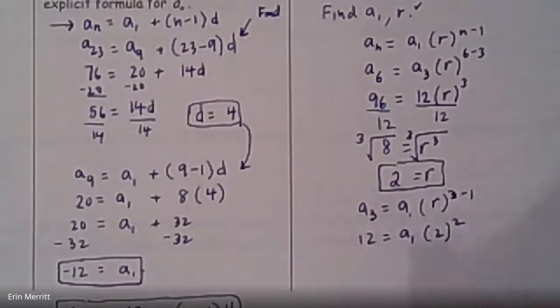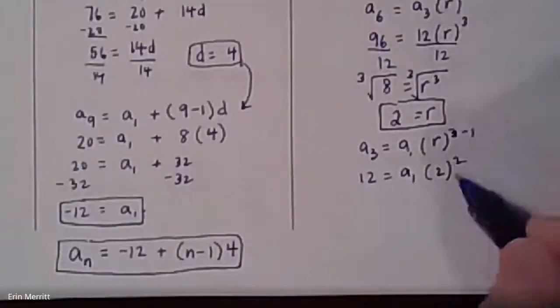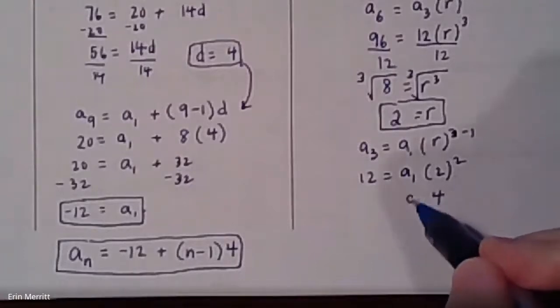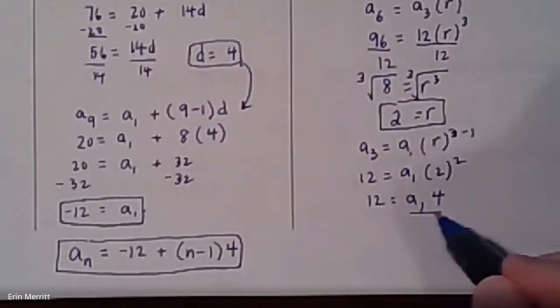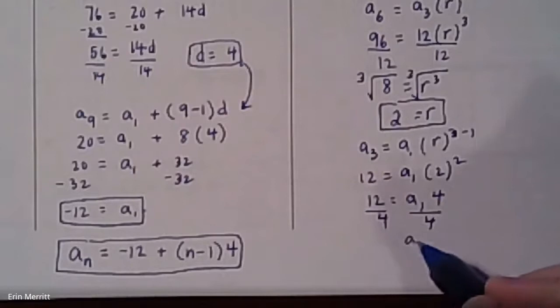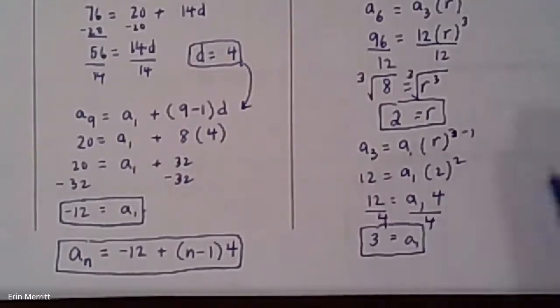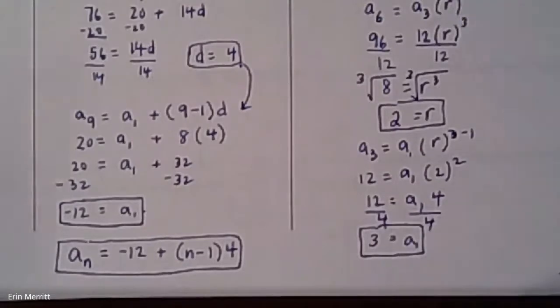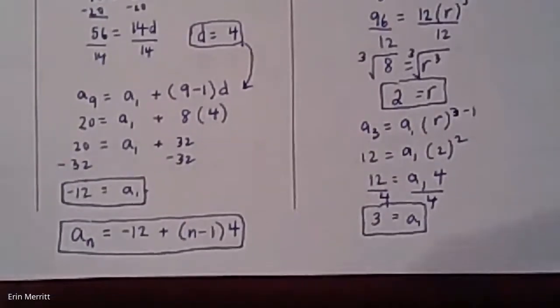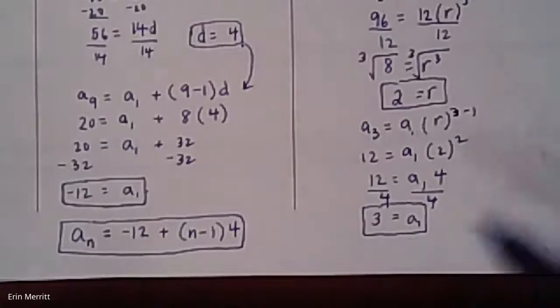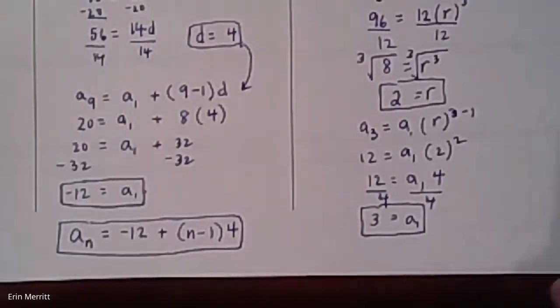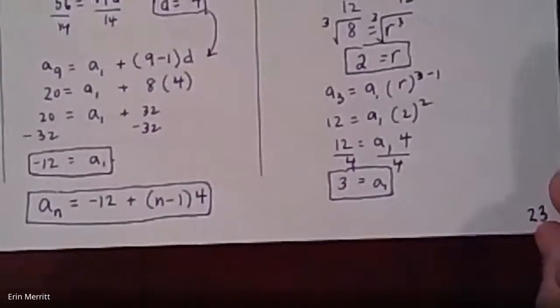That's now 2. We can quickly solve that. 2 squared would just be 4. And divide 4 out. The first term is 3. Now, to be honest with you, since we had the 3rd term and were only backtracking to the first term, you could probably have just said, let me divide by 2 and divide by 2 again. That would be fine. I'm almost out of space, but we have one last thing to do.